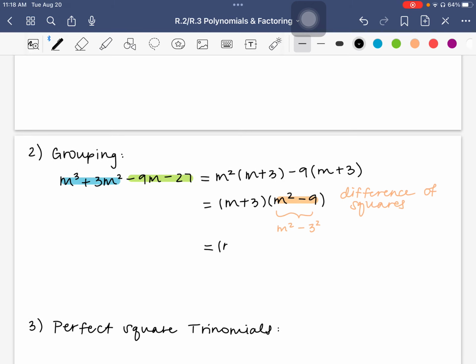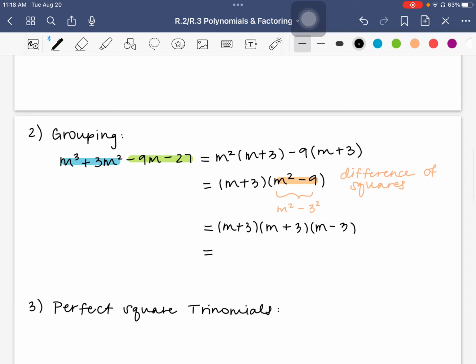So this m plus 3 here will stay here. And then our difference of squares comes out to, well, we know the square root of m squared is m. So we'll have m here and m here. And then, we know that the square root of 9 is 3. And since it's a difference of squares, we're going to have one positive and one minus term.